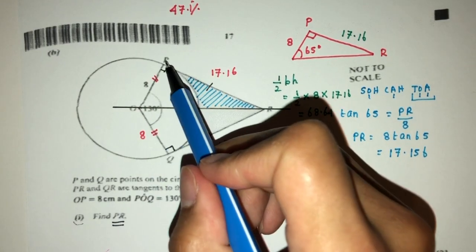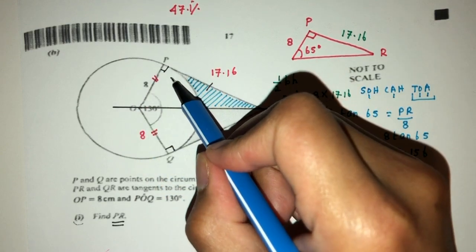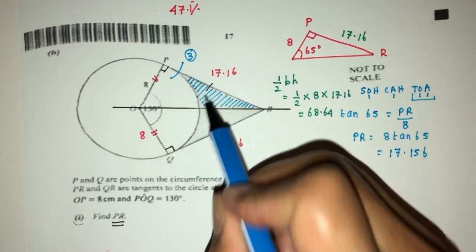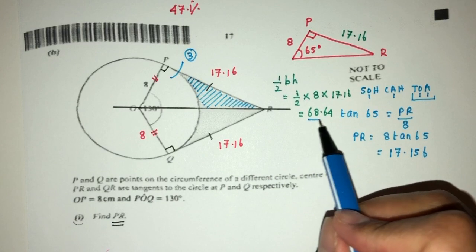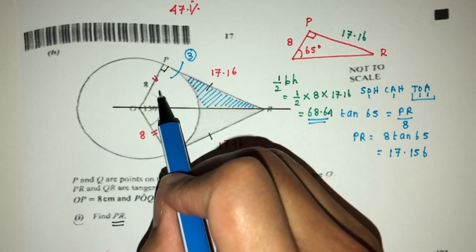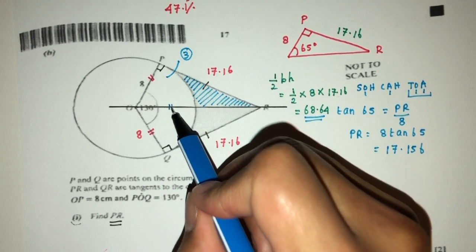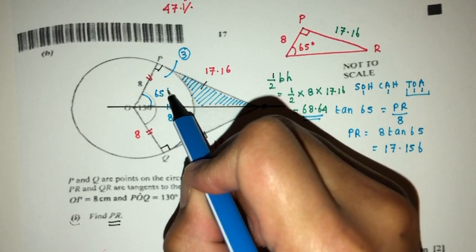So we will take the whole triangle and minus the area of the sector, right? Let's call this number 3. So we can get this one only. The area of the triangle we know already, it is equal to this. So what is the area of the sector? The sector is this shape right here with radius 8, and the angle here has been found to be 65 degrees.